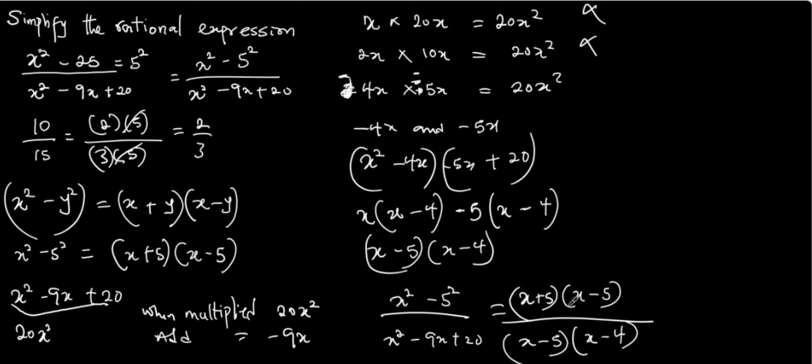Now, if you look at both of them, the numerator and the denominator, x minus 5 is common, so we cancel them out, so that our answer is equal to x plus 5 all over x minus 4.